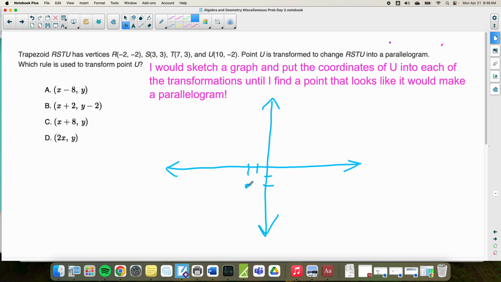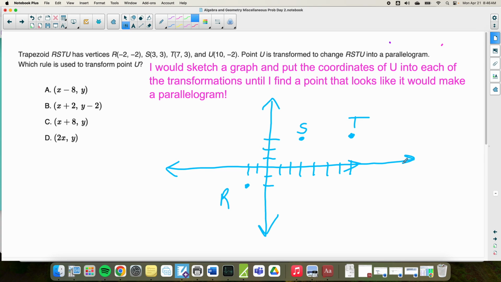This is R. S is over 3 up 3. That's S. T is over 7, 6, 7 up 3. That's T. And U is over 10.